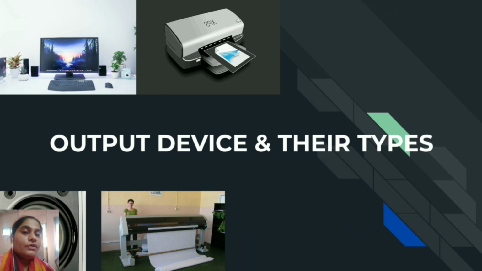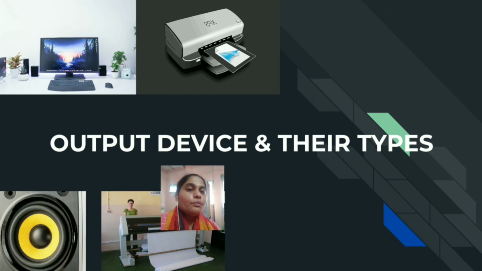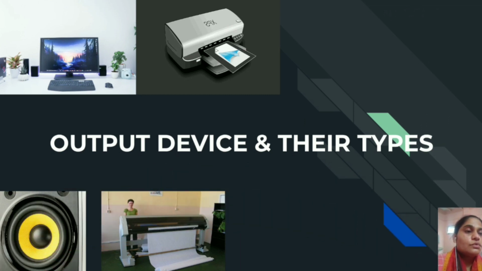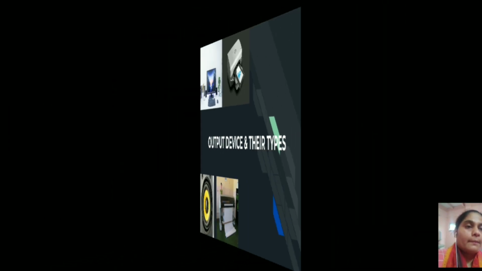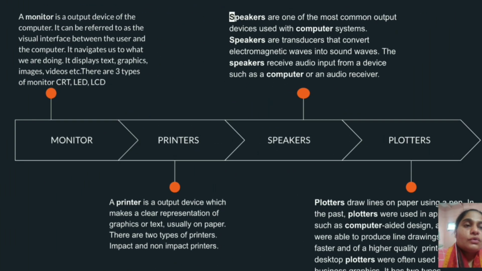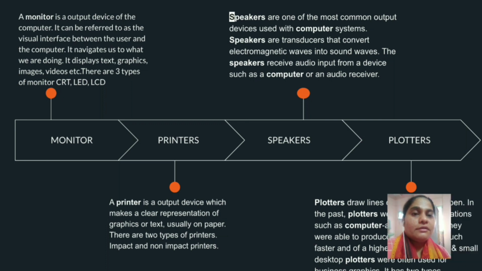Next we are going to discuss output devices. As you see in the pictures, output devices are monitors, printers, speakers and plotters. So here you can see what a monitor is.